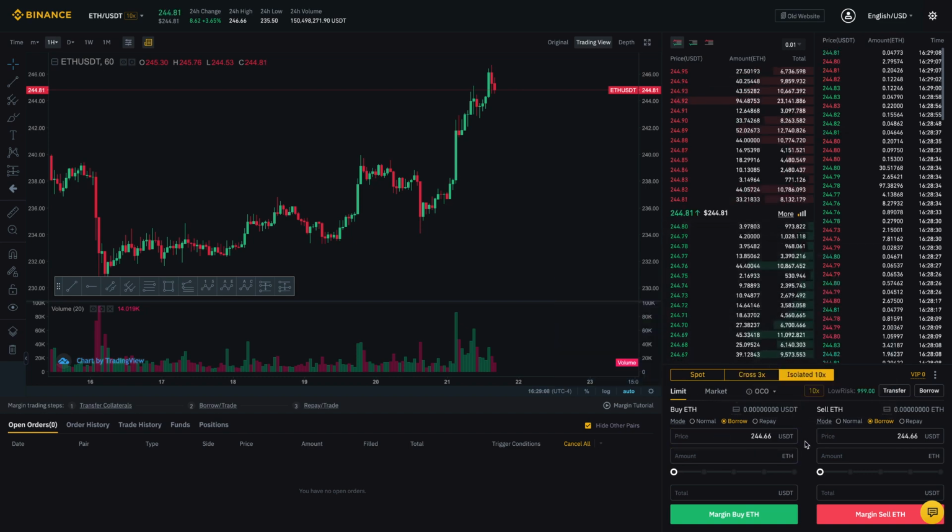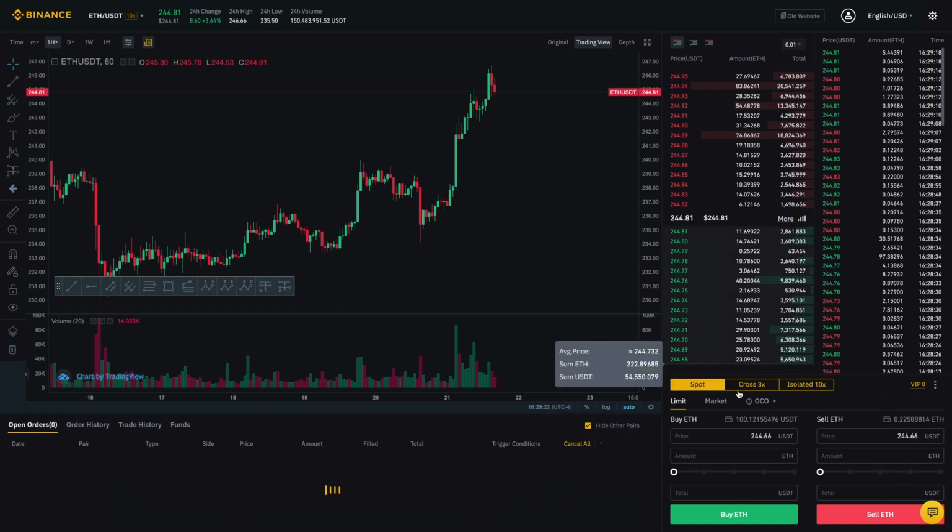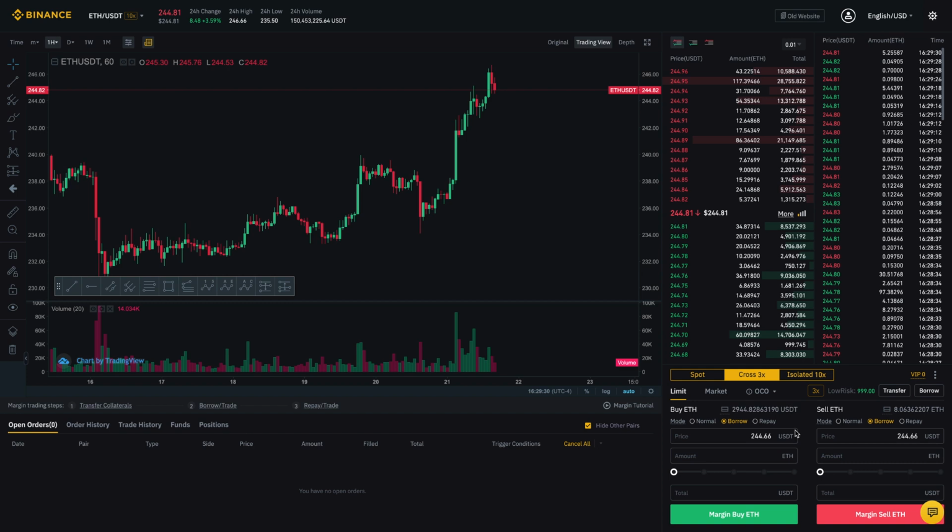It is kind of confusing, especially if you're new to crypto and you don't really know how to trade just yet. It can be overwhelming. Honestly, if you're new to crypto, just stick with the spot section right here. If you're feeling kind of risky, then maybe do some margin trading, but I wouldn't recommend that unless you knew the risks of margin trading.